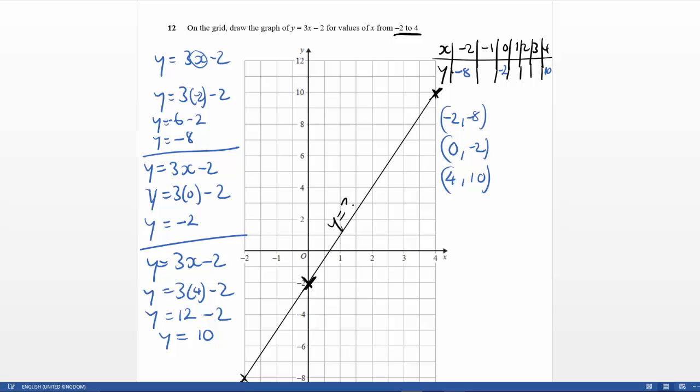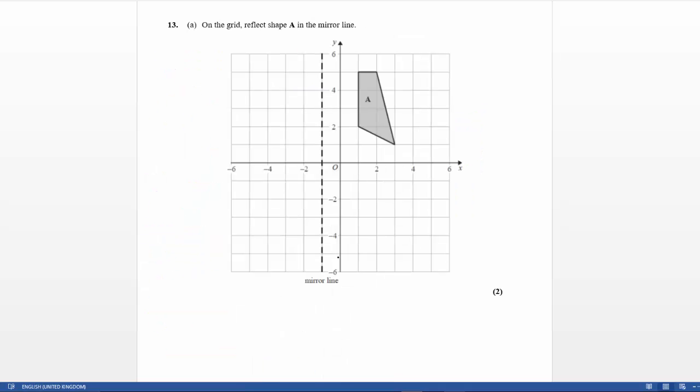And this is y equals 3x minus 2. Right? I've plotted the coordinates, the y-intercept here. Just makes it easier and quicker to complete. Okay, next question.